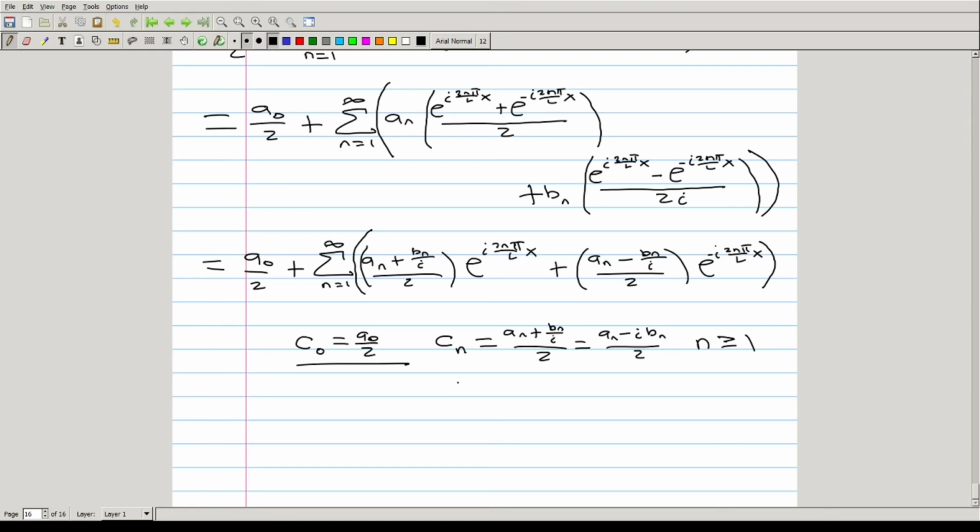And then Cn is An minus Bn over i over 2, which is the same thing as An plus i Bn over 2, for the negative indices.